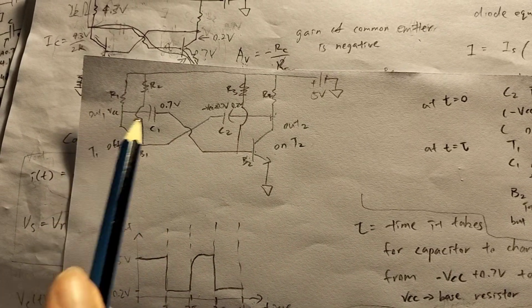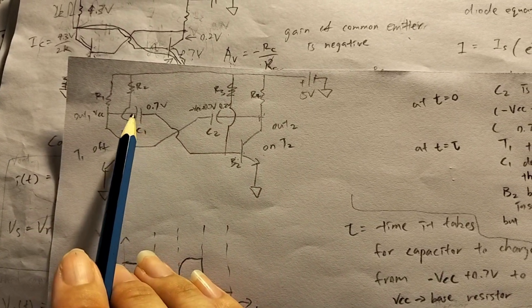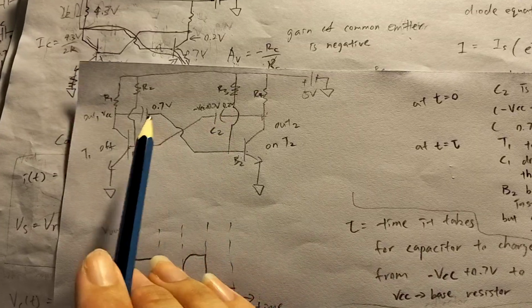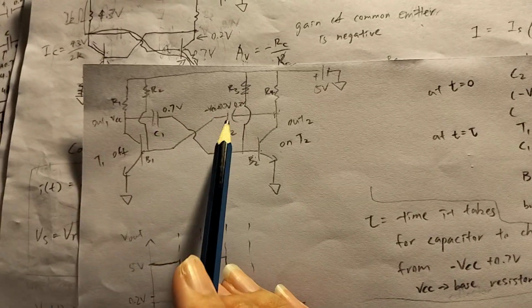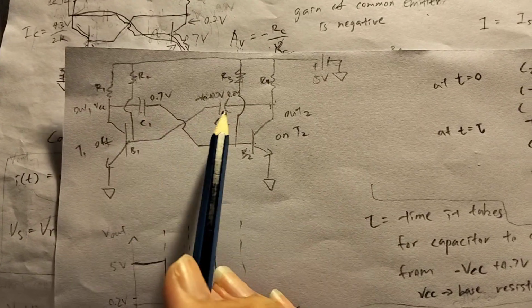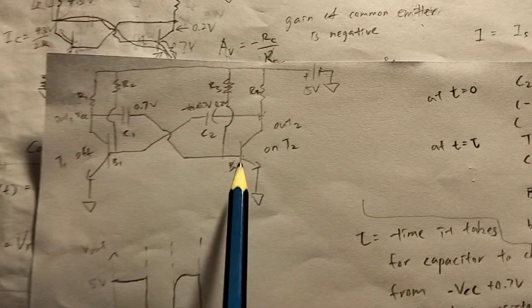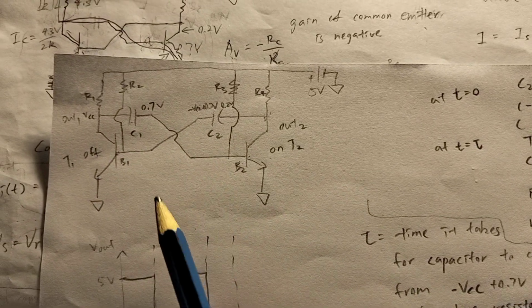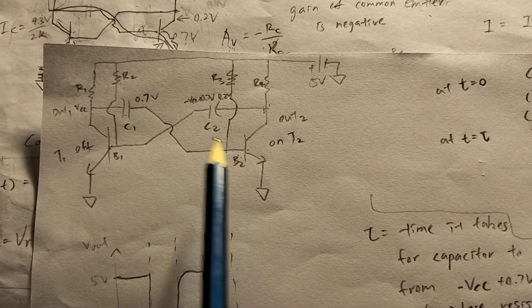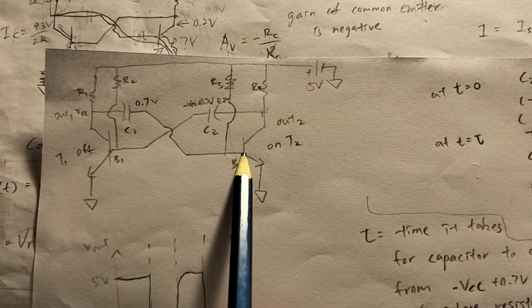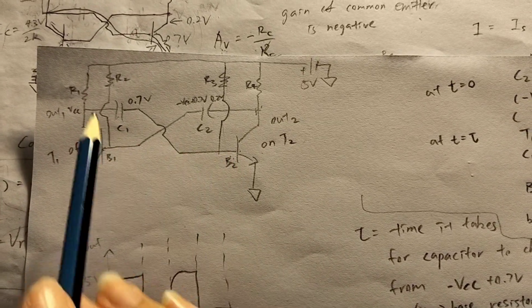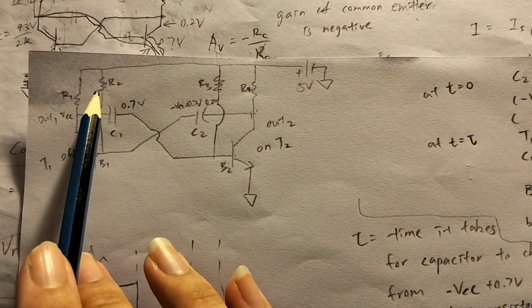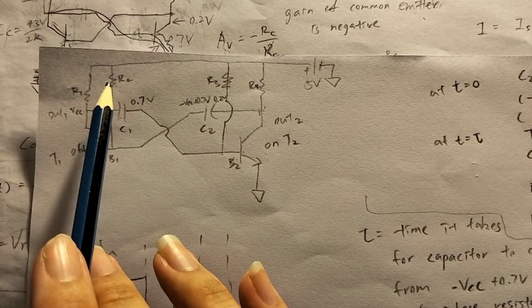Next, the capacitors are added to create the time delay. If we didn't have them, the circuit would reach a steady state essentially with both of these bases out of cutoff because of the base resistors.